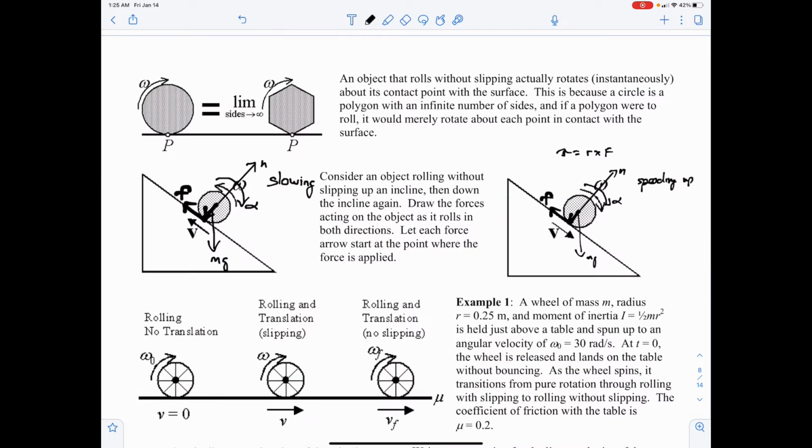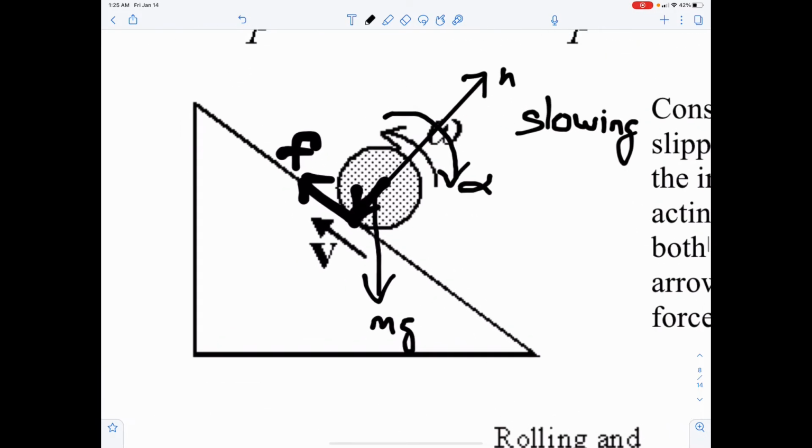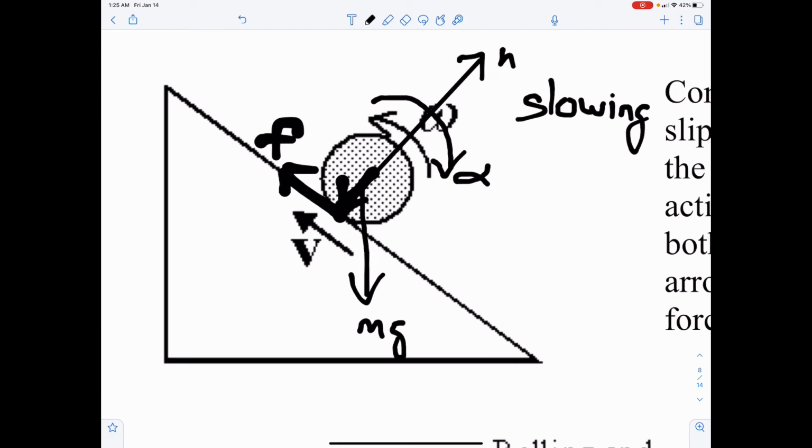Okay. Now, going back to the first example, what if the object were being launched up the hill, and let's say this ball had a little motor of its own and it was going faster and faster, not slower and slower?